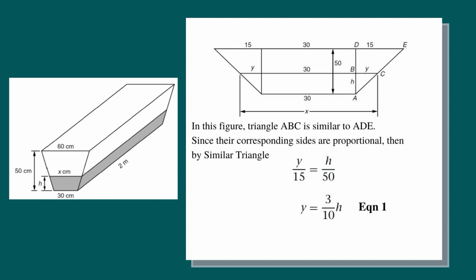This would give us two similar triangles, triangle ABC and triangle ADE. Triangle ABC is the smaller triangle with legs h and y, where y is the variable used to complete the legs of triangle ABC.